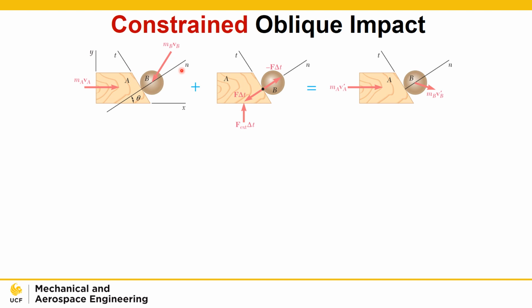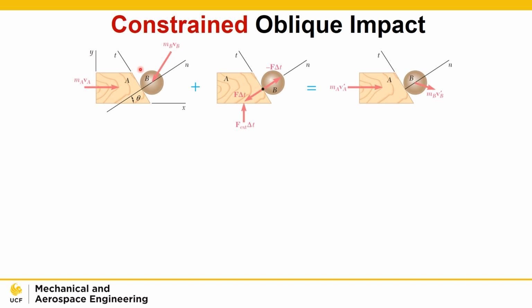If we assume that there is no friction between the block and the ball, or between the block and the horizontal surface, then we note that the impulses exerted on the system consist of the impulse of the internal forces F and minus F, which are directed along the line of impact, which is the n-axis, and the impulse of the external force F external, which is exerted by the horizontal surface on the block A and is directed along the vertical y-axis.